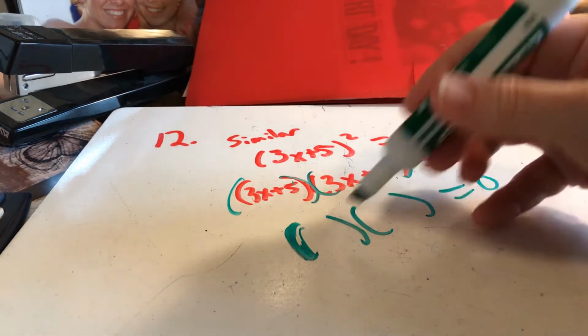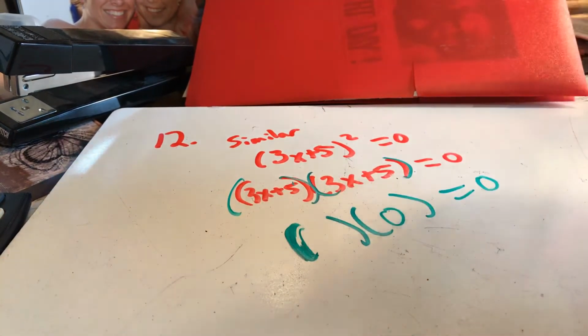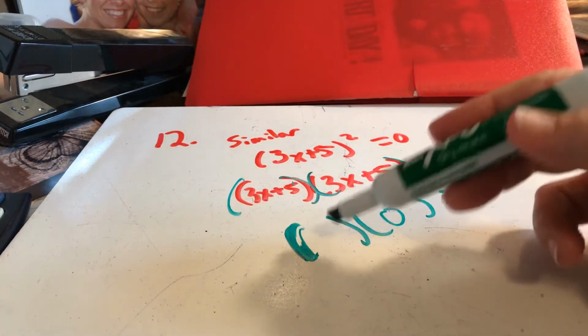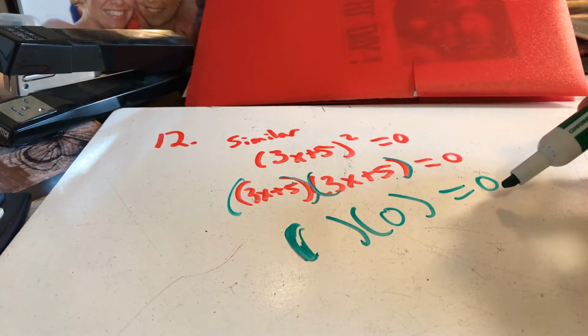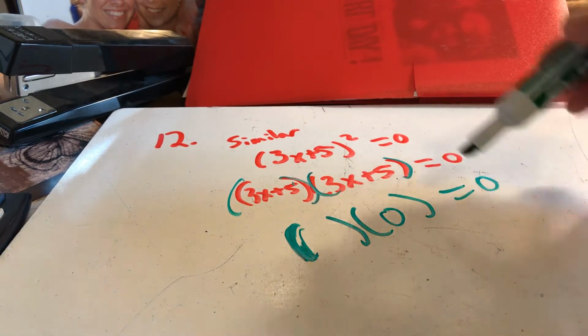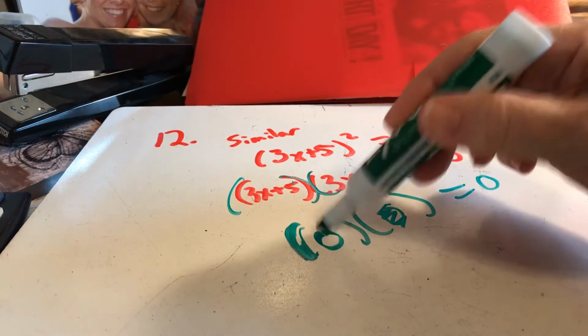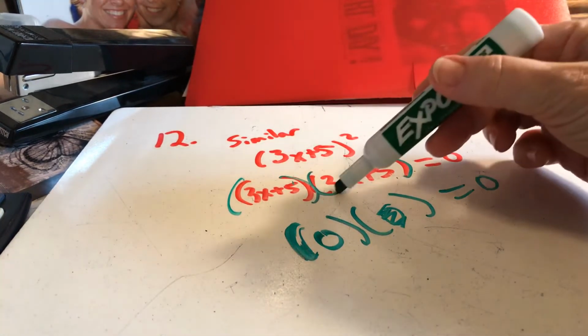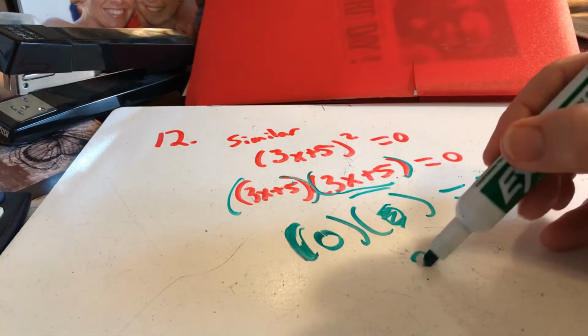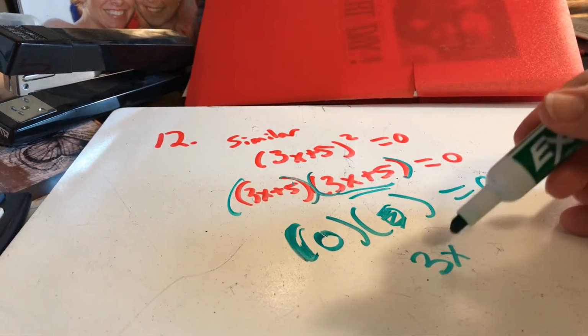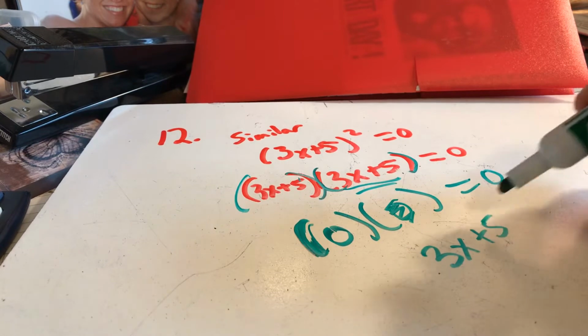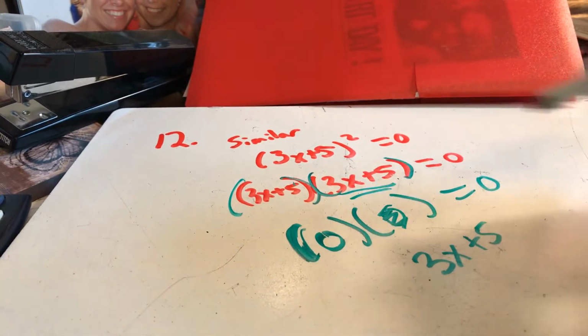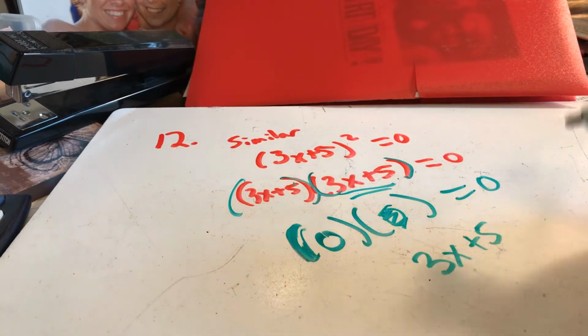That means one of these two things has to be 0. No matter what this is, if I multiply it by 0, I'm going to get an answer of 0. If this one isn't 0, but this one's 0, I'd still get an answer of 0. They're identical inside. So what value for x is going to make one of these factors, or sets of parentheses, equal to 0?